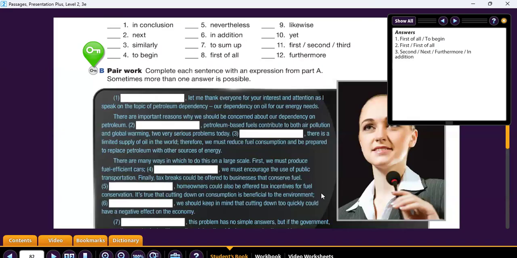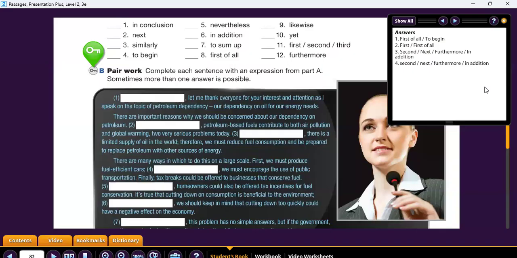There are many ways in which to do this on a large scale. First, we must produce fuel efficient cars. And second, maybe, we must encourage the use of public transportation.